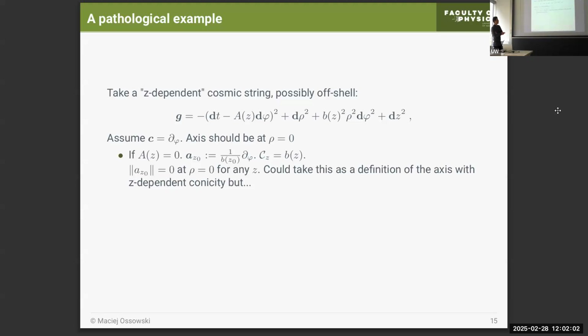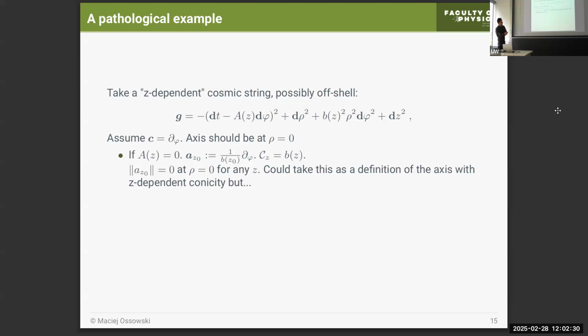Then for different z's, we get different Killing vector fields, and the conicity depends on this choice. The conicity is defined for just some choice of the coordinate z0. However, what ties all of them together is that all of those scaling vector fields vanish at rho equal to 0.